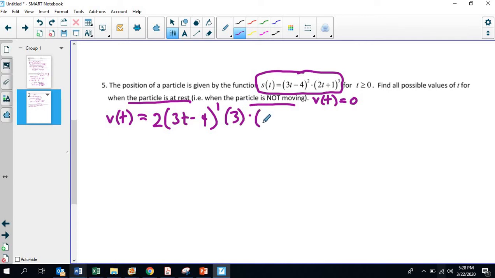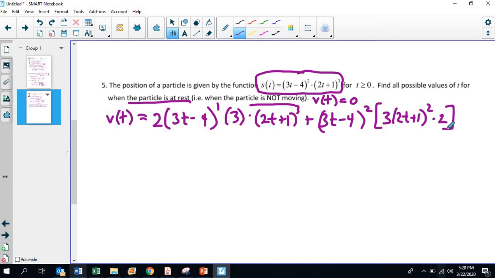And then, of course, that's multiplied by the second, 2t plus 1 to the third, plus the first times the derivative of the second, and the derivative of the second uses the similar chain rule. You bring down the 3, 2t plus 1 all squared times the derivative of the stuff inside, which is 2.